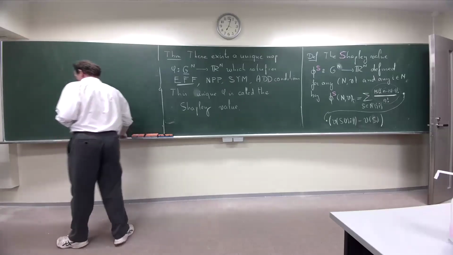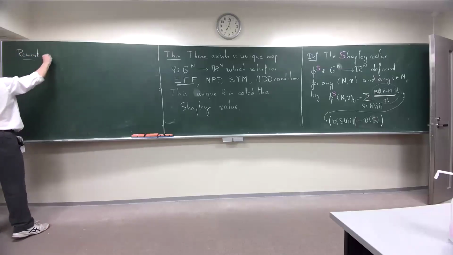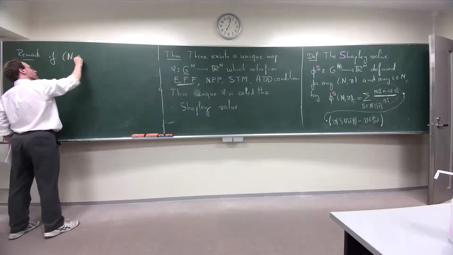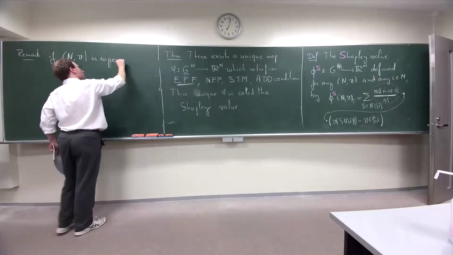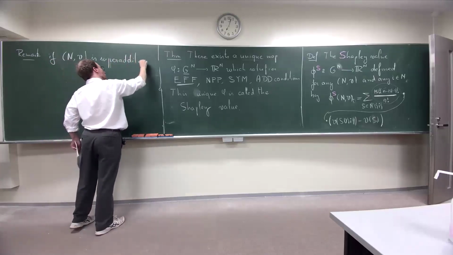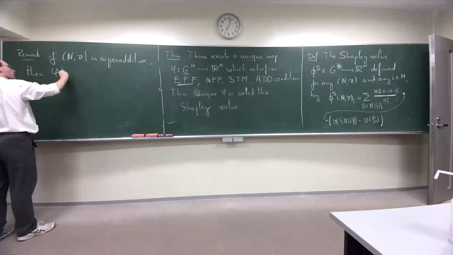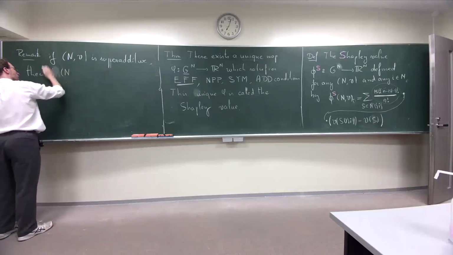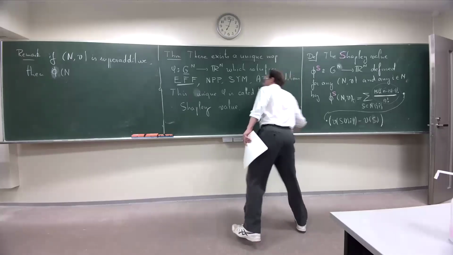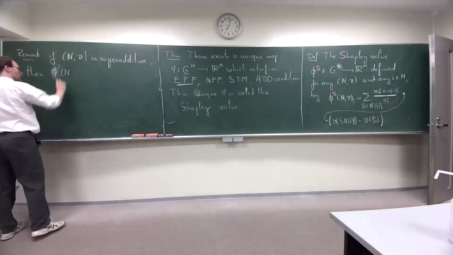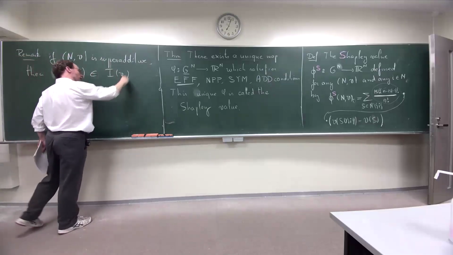It turned out, as a remark, that if the game (N, v) is superadditive, then phi sharp of (N, v) is inside the set of imputations.